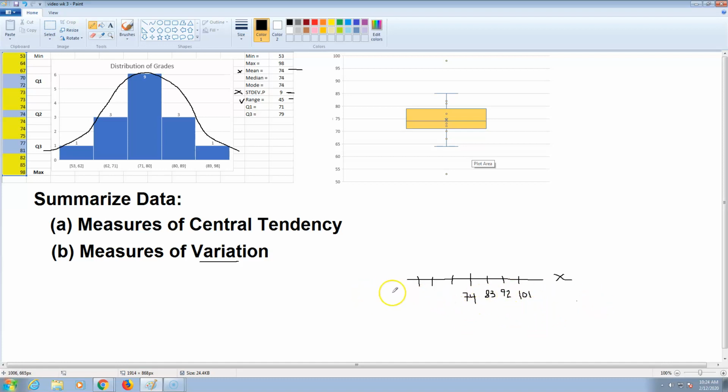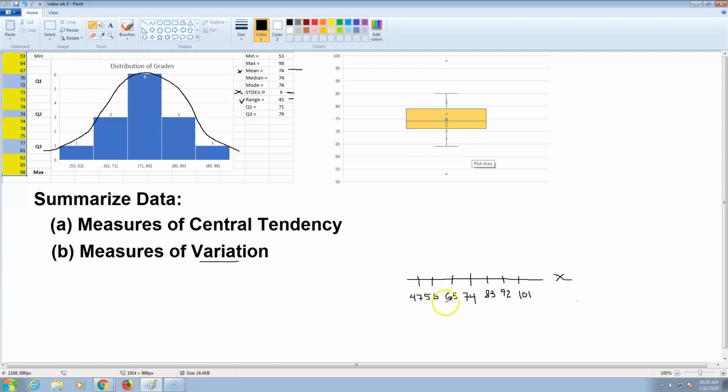Same thing I'm going to do to the left, but instead of adding 9, I'm going to subtract 9. So the mark to the left of 74 is 9 less than 74, which is 65. The next mark to the left is 9 less than 65, which is 56. And finally, the last mark is 9 less than 56, which is 47.